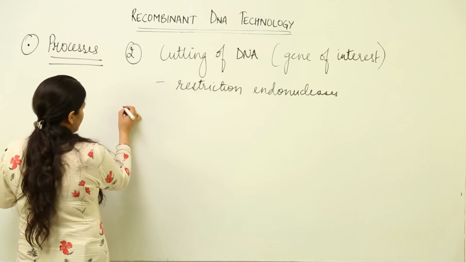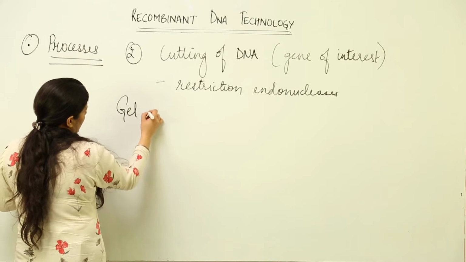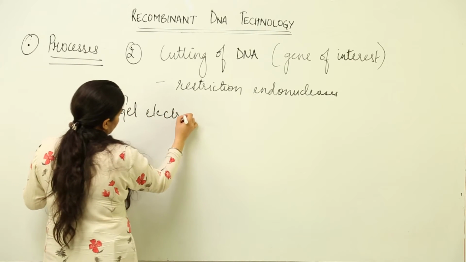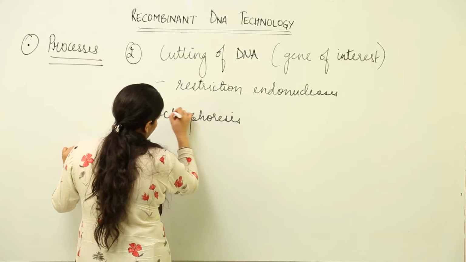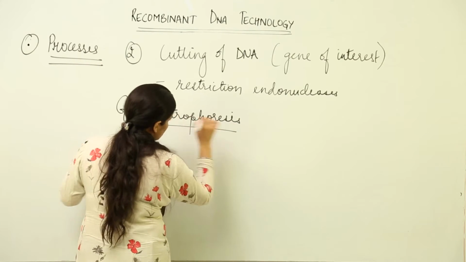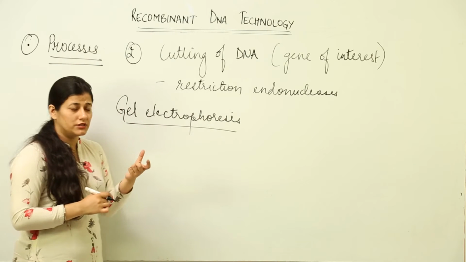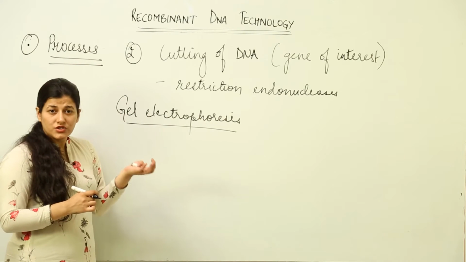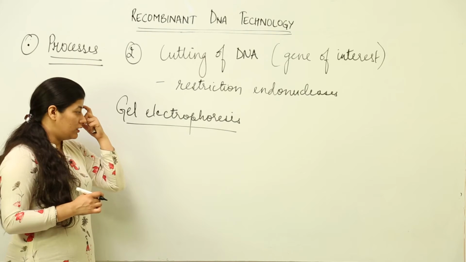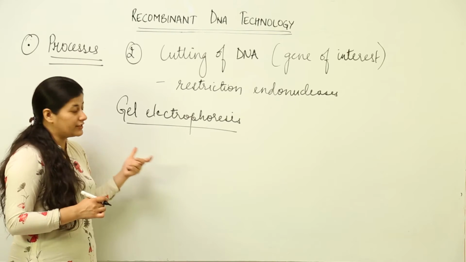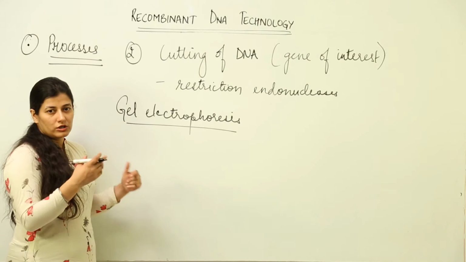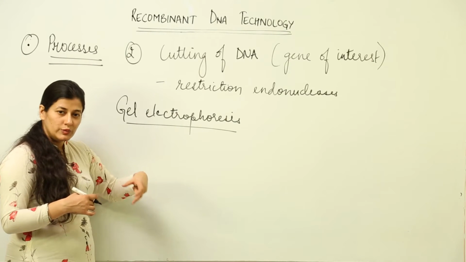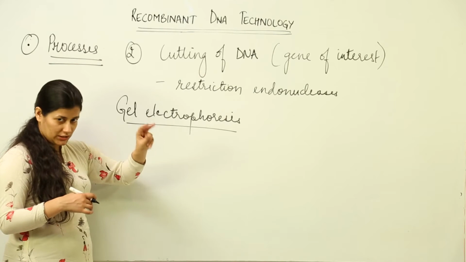For that we have the technique of gel electrophoresis. What is this? Do you have an idea what electrophoresis is? We have agarose gel over which we give an electric field, and according to the negative or positive charge of the particle, we see it moving through the medium.